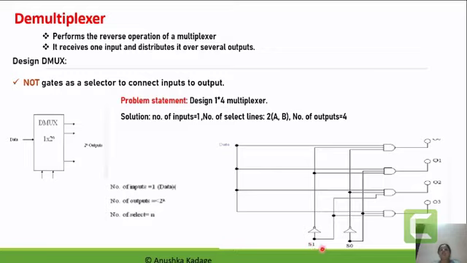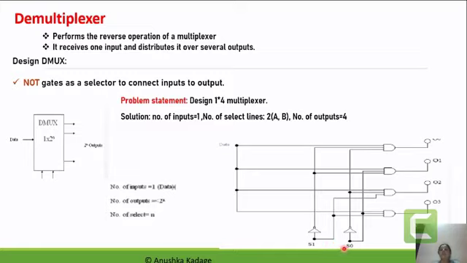That means if the select line inputs are 0 0, then the data will be presented on the 0th output line. In the same way, if the combination is 0 1, then for that combination of select input lines, the data will be presented on the first output line.